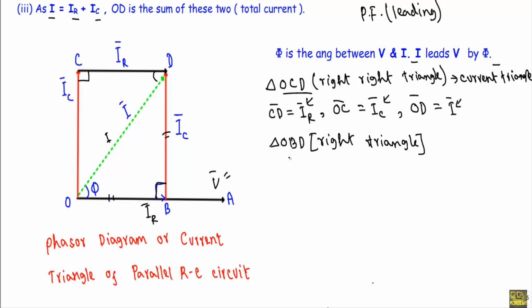In case of this triangle, the base OB indicates IR, BD indicates IC, and OD indicates total current I. As we are drawing this OBD right triangle using the currents IR, IC and I, this will be another current triangle.